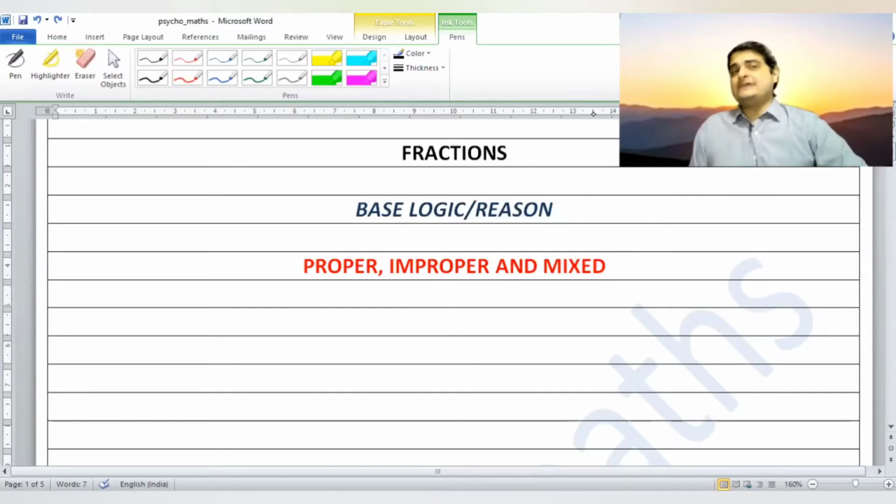And obviously, when we come across improper, they are converted into mixed fractions. But how? This is a very basic concept, but it is very much essential for each and every one viewing this video to nail into your heads.